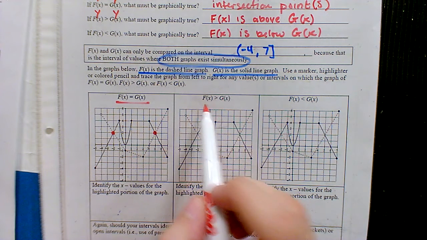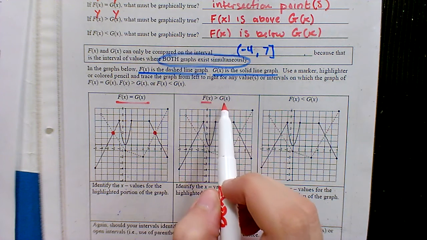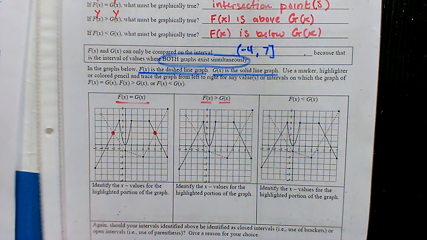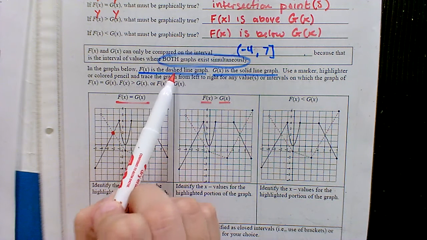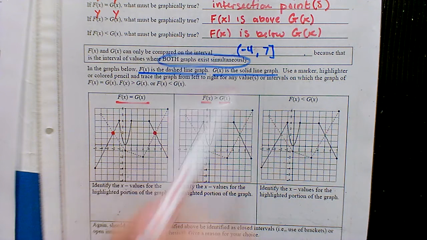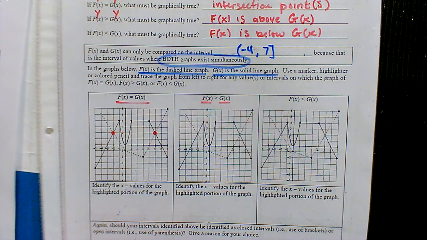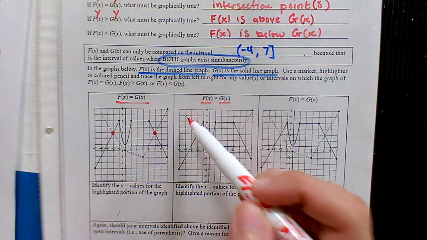The next graph is asking us when is the F graph above the G graph in terms of your picture. So we've got to look for when the dashed line is above the solid line. Can you label those sections?